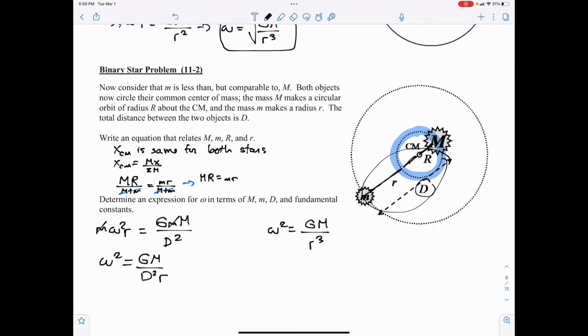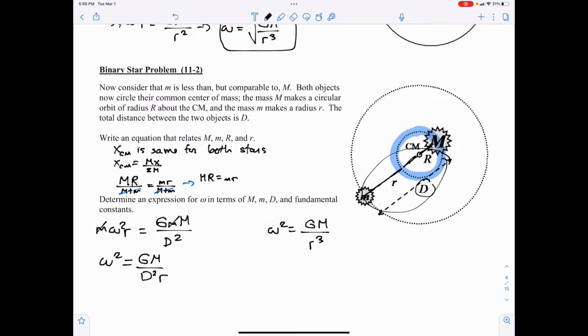Okay, now we're going to use the equation to the right, but we're going to do the following. We're going to take that common center of mass, and this mass is going to be the mass of both stars.